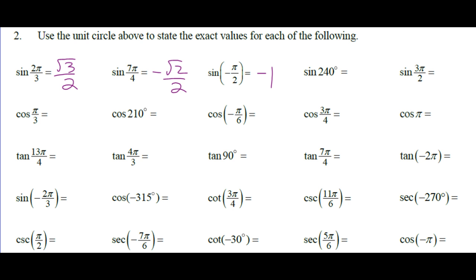Because I only know, here's all I know. I know nothing. This is all I know. And I know that this is the point 1, 0. This is 0, 1. There are 3 angles in here: pi over 6, then pi over 4, and pi over 3.